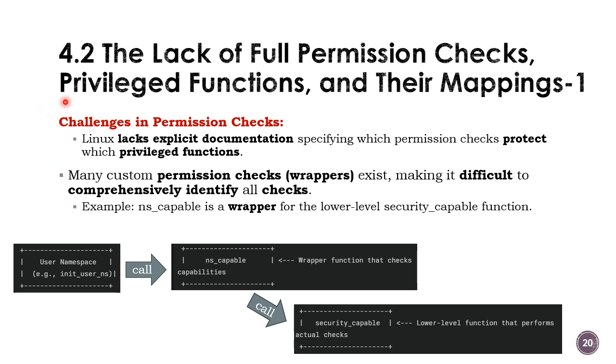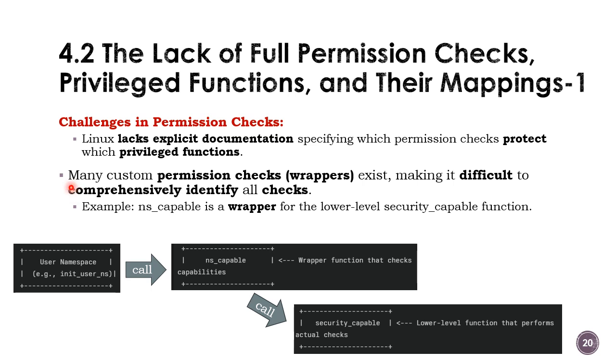In this part we will introduce the second one, which is the issue about the lack of full permission checks, privileged functions, and their mappings. We mentioned mappings before. Why we need that is we need to recall that the Linux kernel community lacks explicit documentation to specify the scope of which permission checks we need to place and where we need to place them to protect the privileged functions, right?